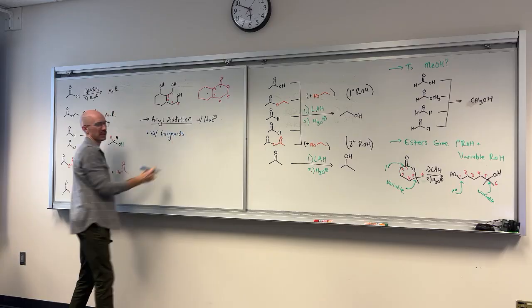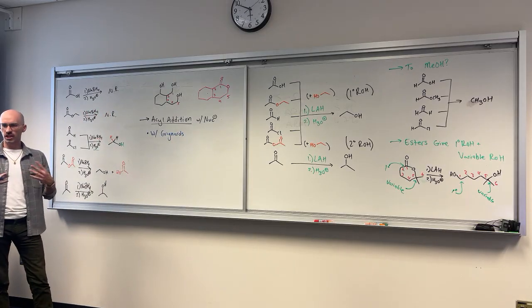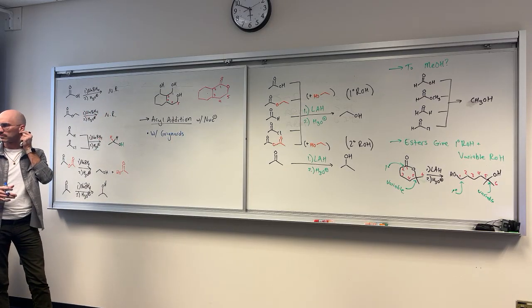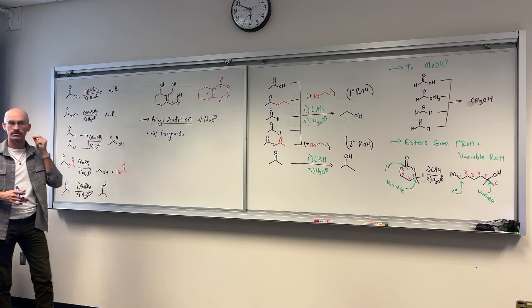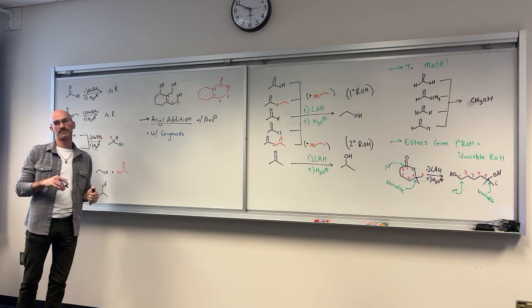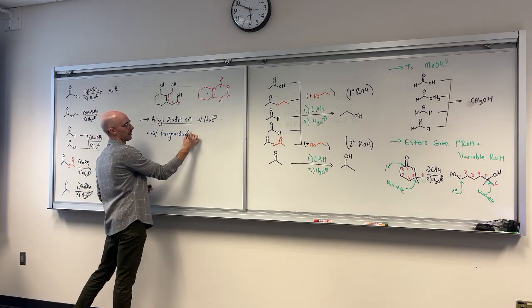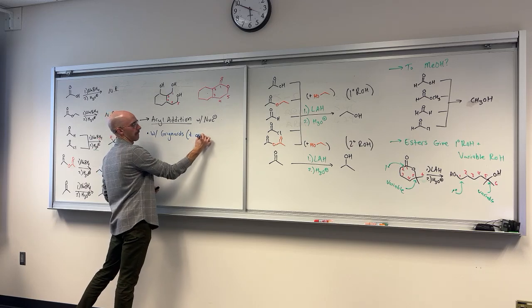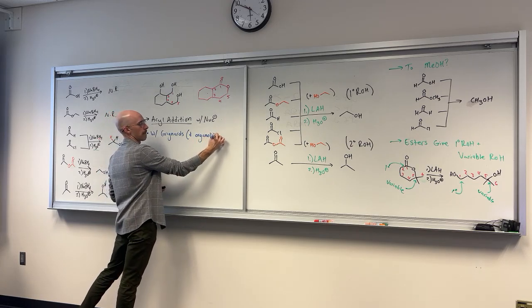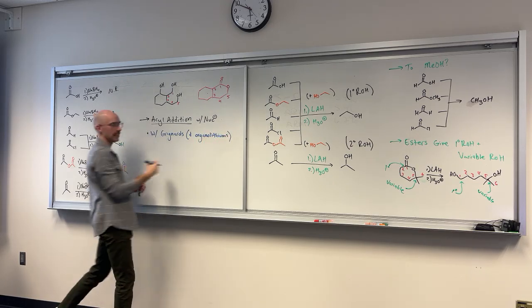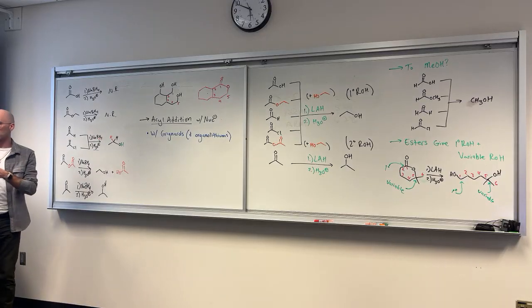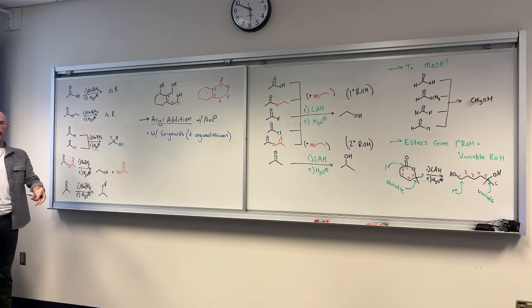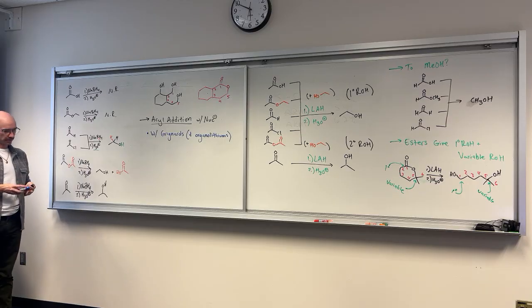Do you remember which other reagent is interchangeable with Grignard? Not the cuprates. The organolithiums. In any of these examples where you see a Grignard, you could write it as an organolithium. If you see an organolithium, you could see it as a Grignard.